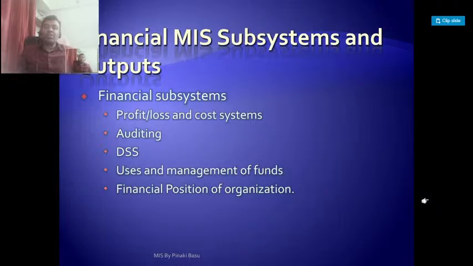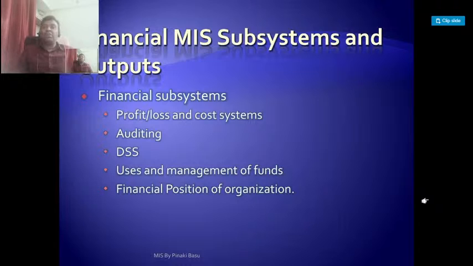Financial MIS subsystem outputs. We have discussed that there is a centralized system and a subsystem for each department. Similarly, financial MIS also has subsystems. Ultimately, information goes into MIS, and from that MIS it goes to individual departments. From that individual department database, they create their own subsystem.